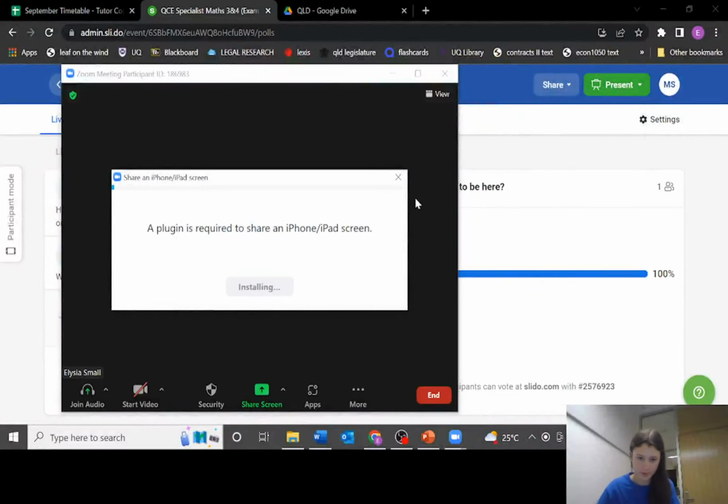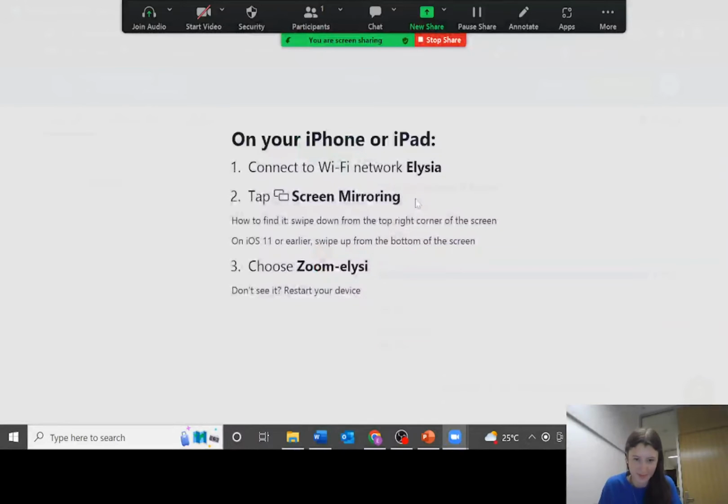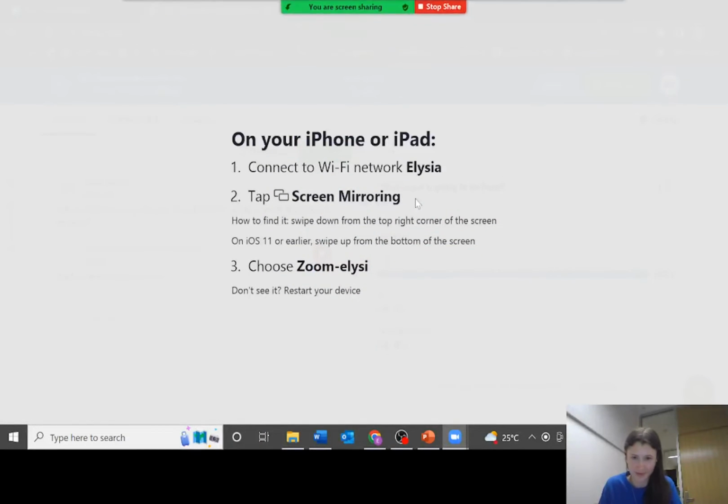Bear with me for a moment. Always having technological difficulties. I was sitting here for like 10 minutes before the lecture started because I was planning on using a different program to get my iPad to connect to my laptop, but it decided not to work. So I had to use Zoom, which is maybe why this isn't working.